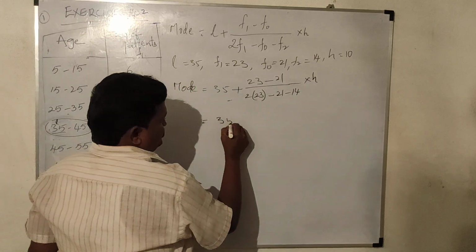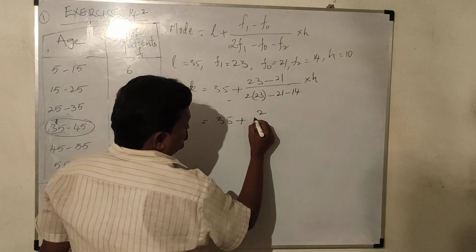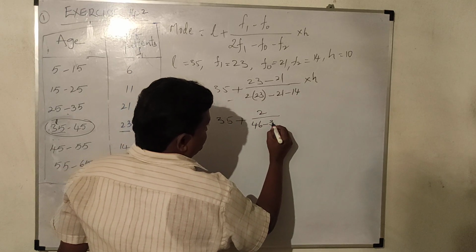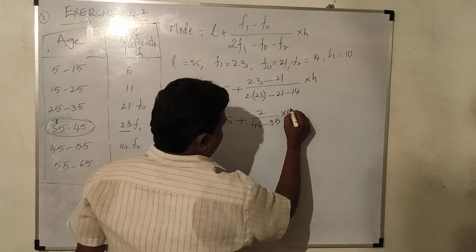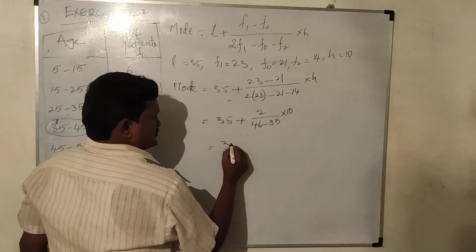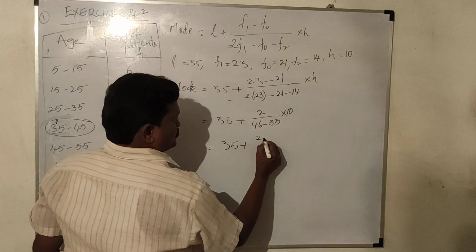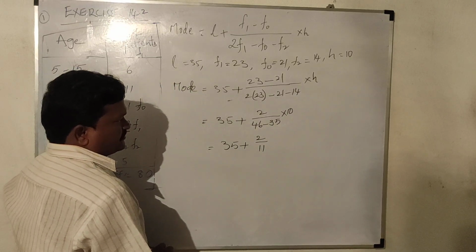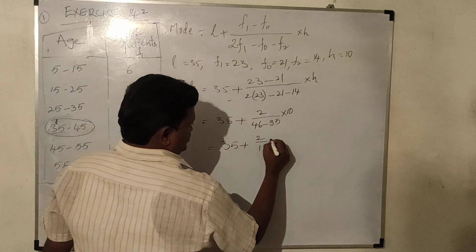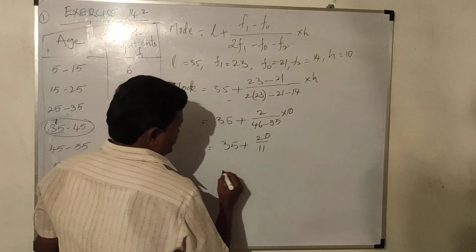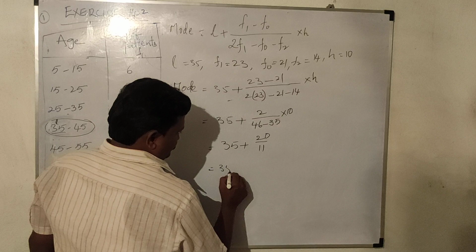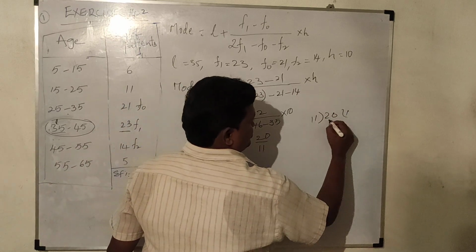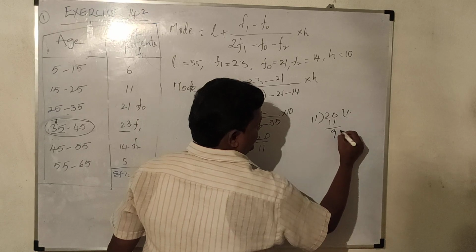So this is 35 plus 2 by 46 minus 35, into 10. So this is 35 plus 2 by 11, 46 minus 35 is 11, into 10 means it is 20. So this is 35 plus 20 divided by 11.